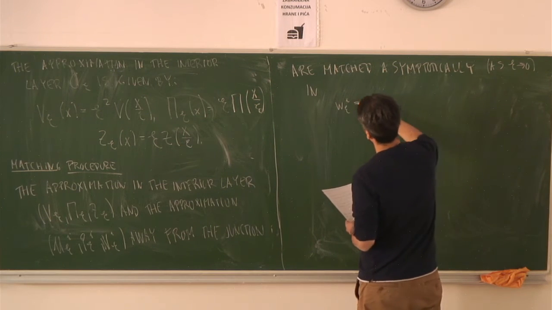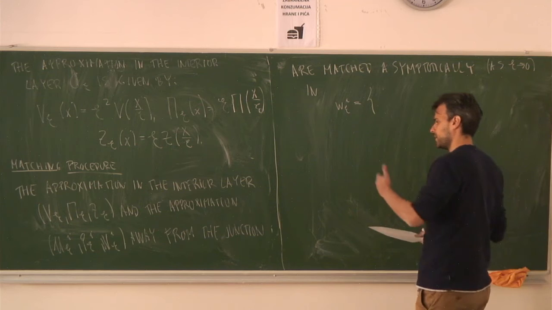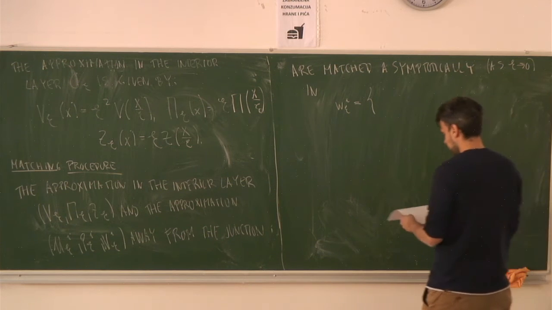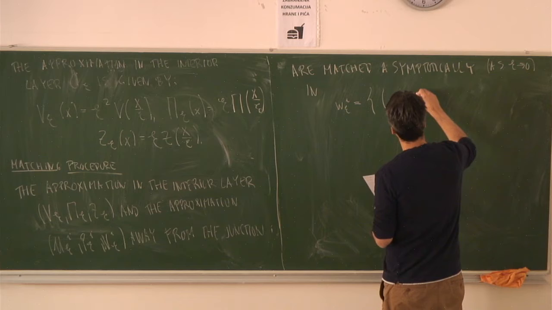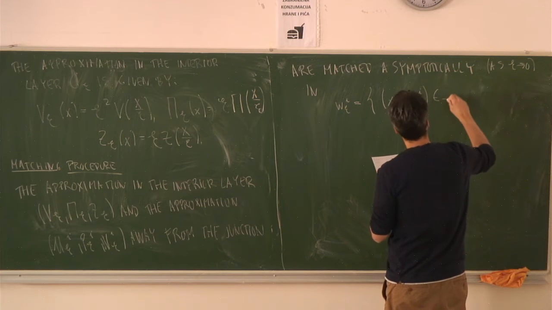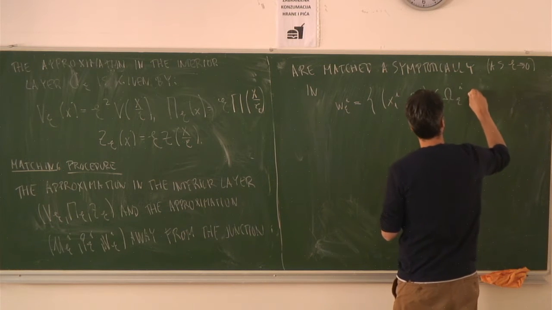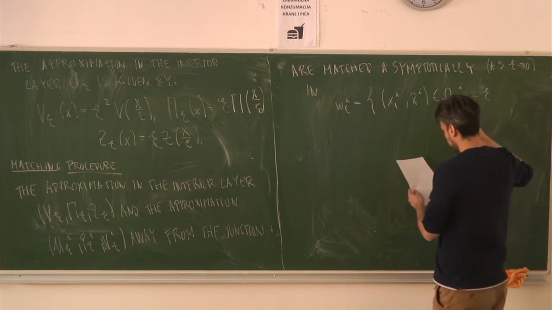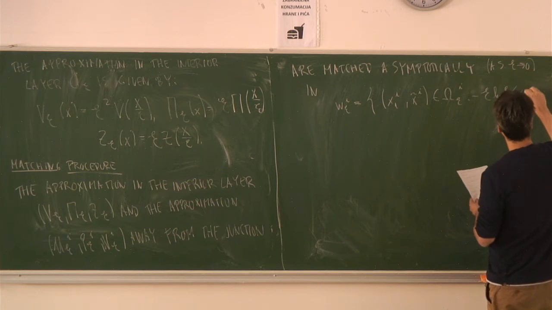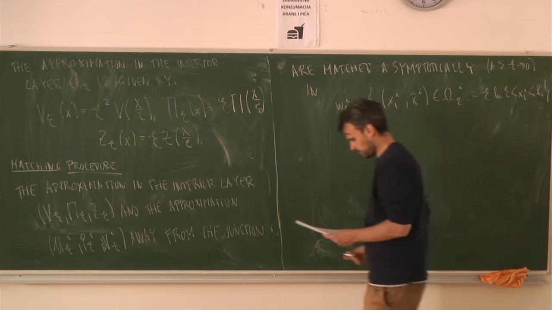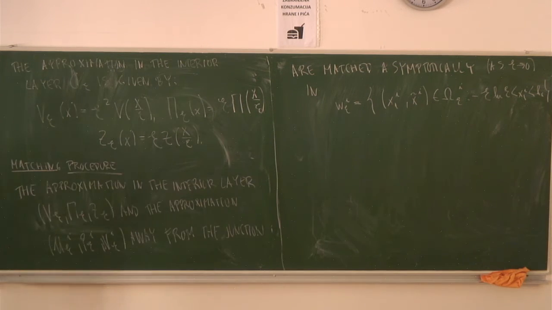So if you remember, this was the part of the pipe when you removed the interior layer. So x_1I, x tilde I from omega epsilon I. So you have minus epsilon ln epsilon, x_1I, l_i.